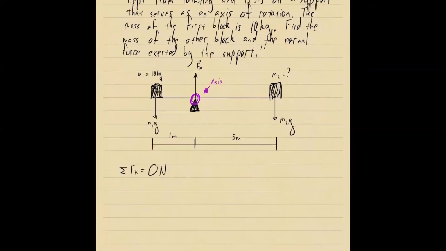We do not need it. But when we're looking at stuff in the y direction, this is not useless because we have 3 forces in the y direction, right? So we have the normal force pointing up, and we have the weight of the first block pulling down, and we also have the weight of the second block pulling down, and this should equal 0.